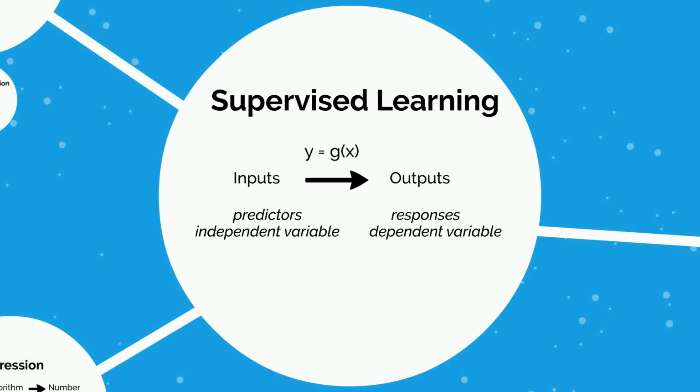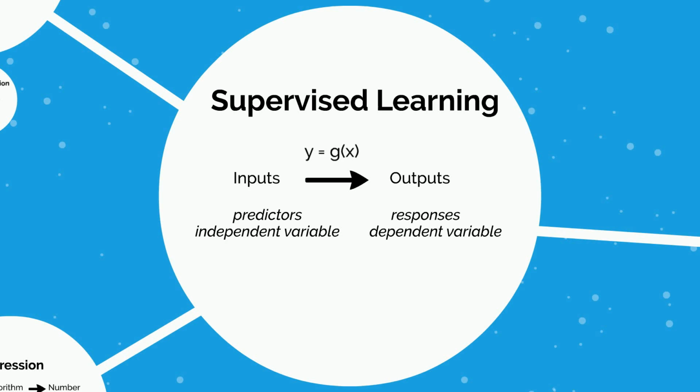So in supervised learning, the machine learning program optimizes the parameters such that the approximation error is minimized. That is, our estimates are as close as possible to the correct values given in the training set. So we want to adjust g of x here in our algorithm so that we minimize our approximation error.